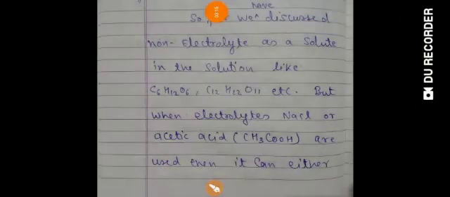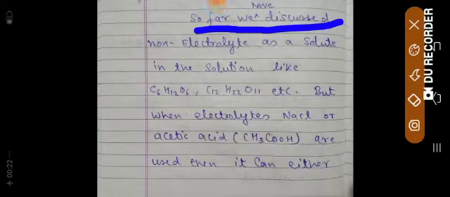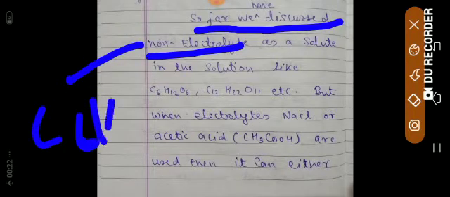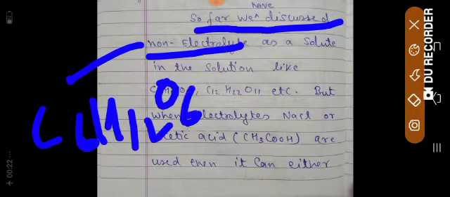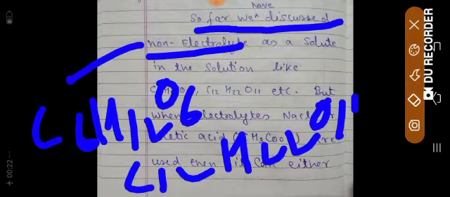So far we have discussed non-electrolytes like glucose, C6H12O6, and cane sugar, C12H22O11. There are so many examples; I am taking only 2.